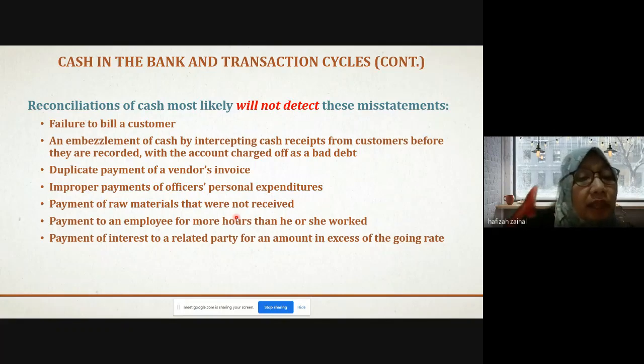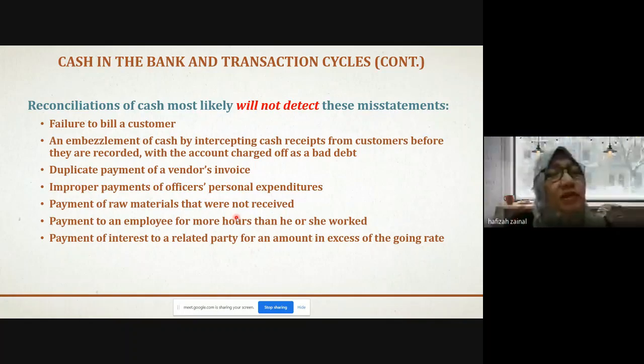You will notice the payment is going out, the money is being paid to the supplier or whatever, but you will not be able to see that the payment is actually nothing to do with the business activity. So personal expenditure.